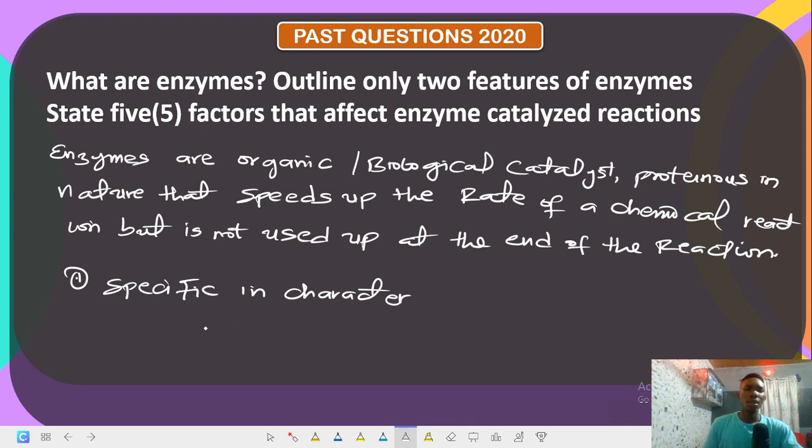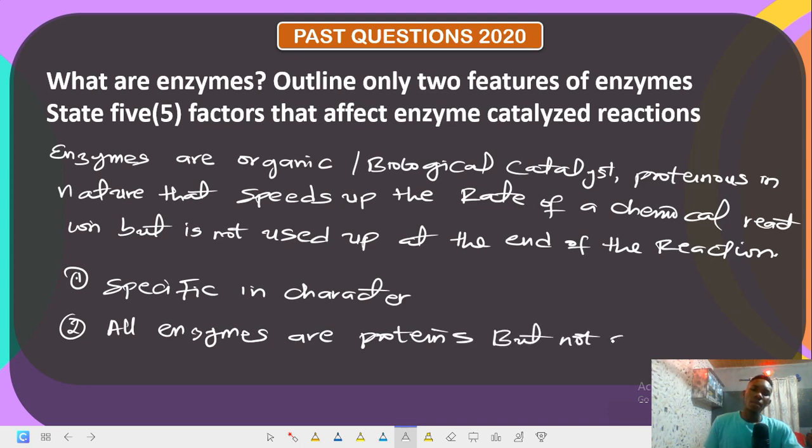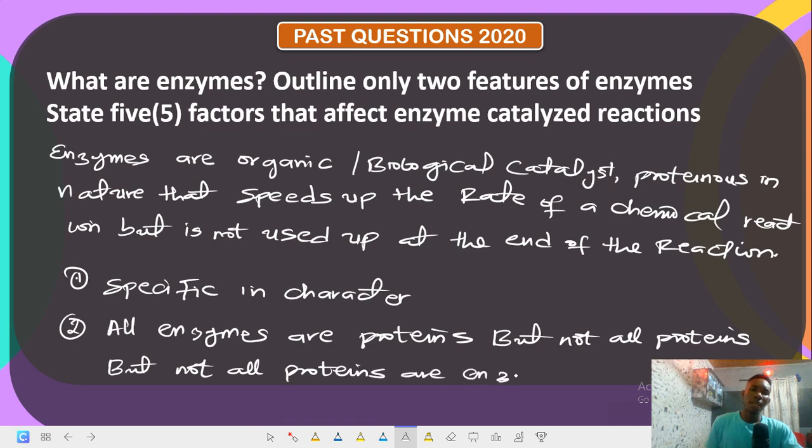So that is one of the features of enzymes. Now, all enzymes are protein. Everyone knows this. But not all proteins are enzymes. All enzymes are protein, but not all proteins are enzymes. Okay? So that is the answer to that question.